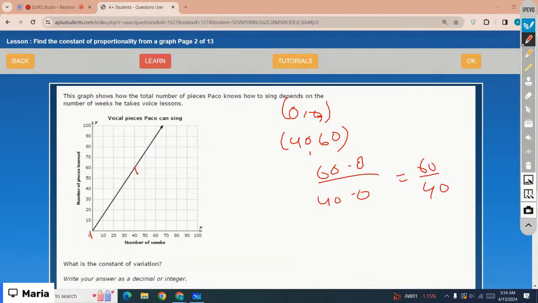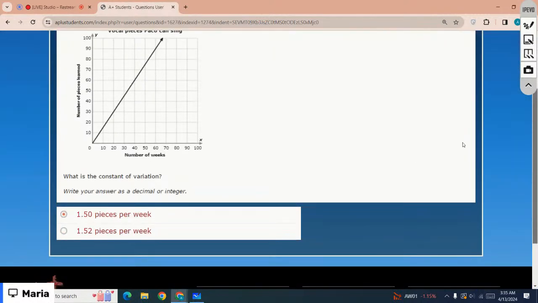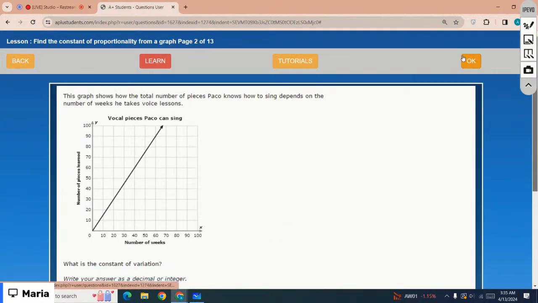So the correct option is 3 over 2, or you can say 1.5. It's the same one, 1.5 pieces per week.